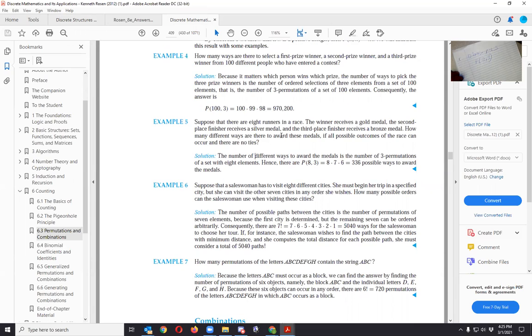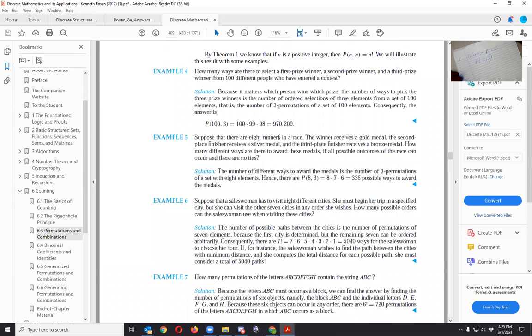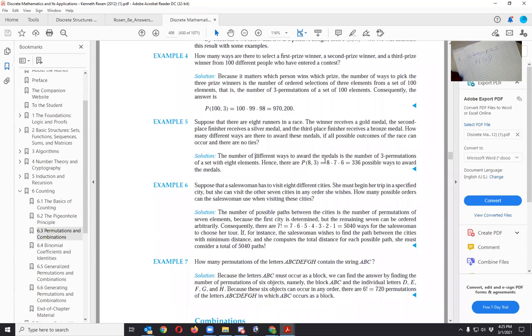Now let's go find out how to calculate that. Okay, so this is going to be 12 times 11 times 10. So stacking this up, 12 times 11 is going to be 132.